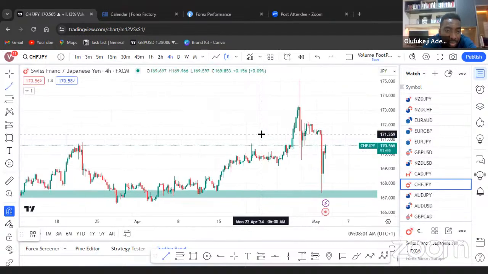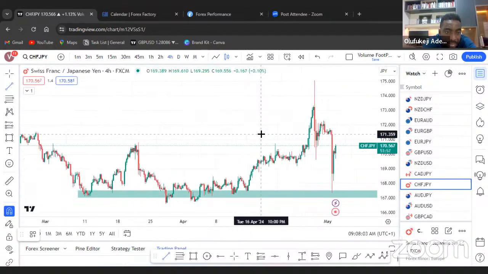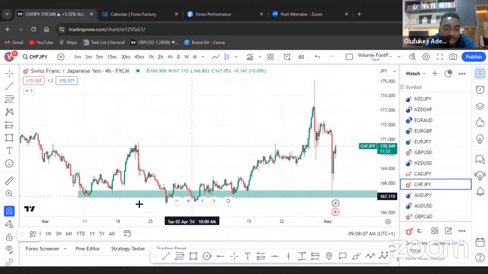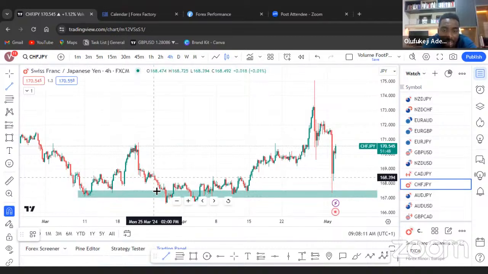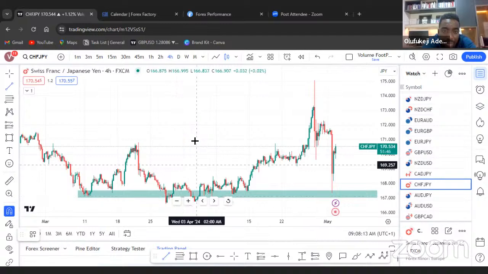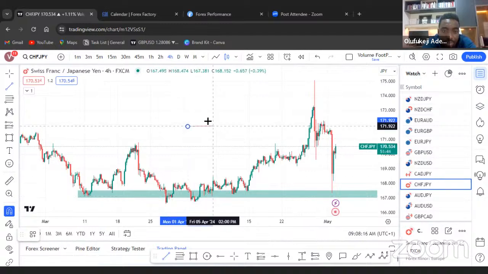Okay, we can zoom out a bit. Okay, so that is the level to the downside. Let's do our box pattern at the top. Shoulder, sweep.